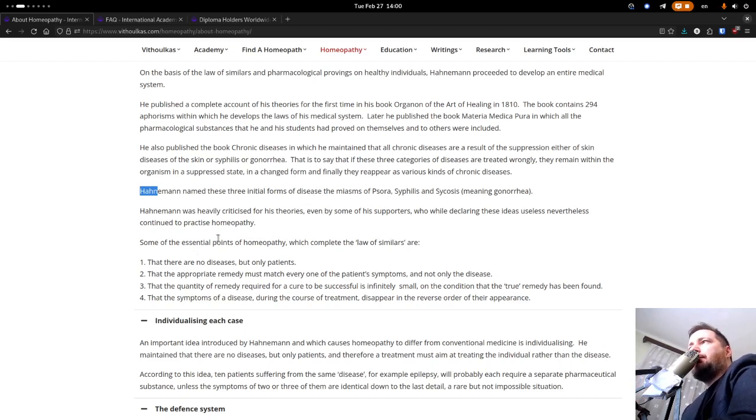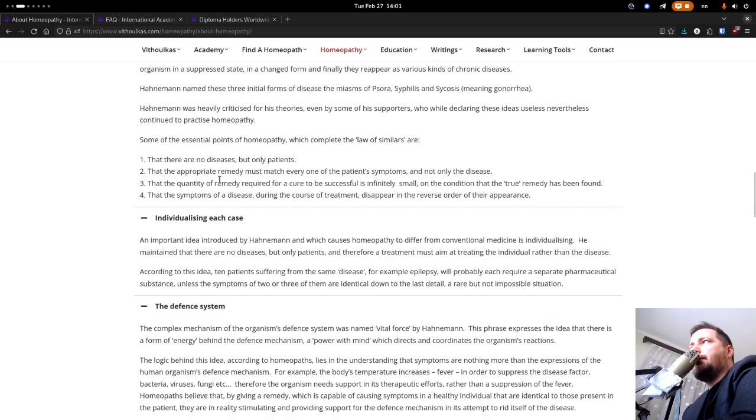Some of the essential points of homeopathy which complete the law of similars are: there are no diseases, but only patients. So we have to individualize every case. You can't give the same remedy for the same disease to every patient that you meet.